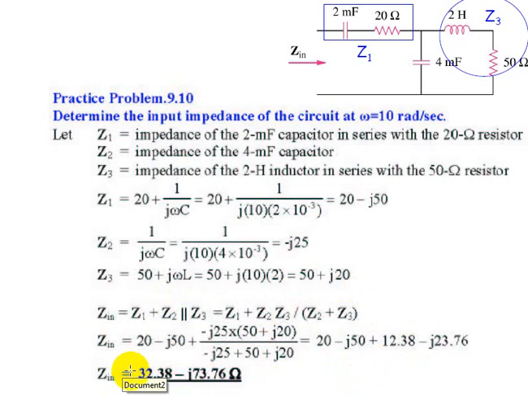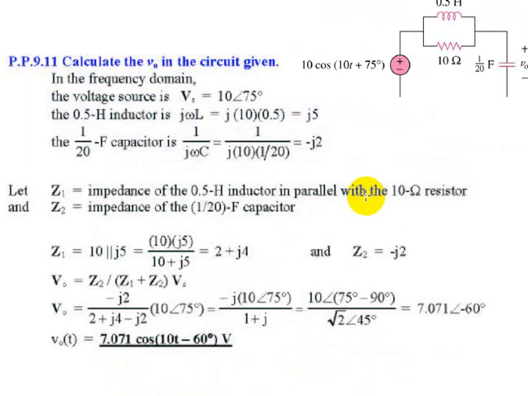So you can represent this impedance in complex form or in phasor form. Whichever way you represent it, you can find the impedance either way.